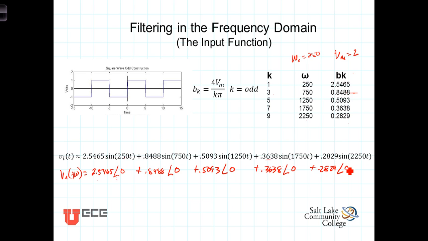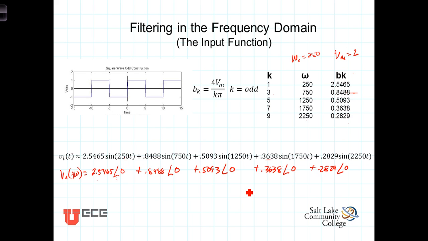It should be pointed out that because all of these terms are sine terms, we're going to take them into the frequency domain as written, not add the 90-degree phase shift to turn them into cosine terms. But when we come out of the frequency domain at the end, we'll just remember that all of the angles of the output will be relative to a sine term rather than a cosine term.